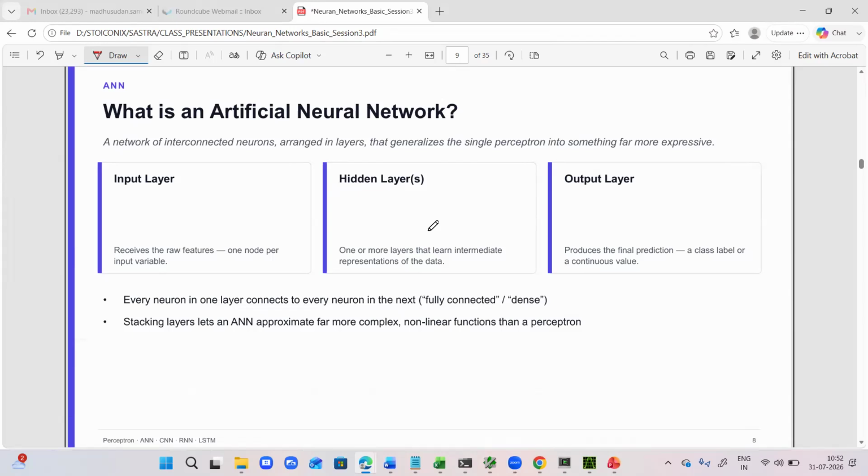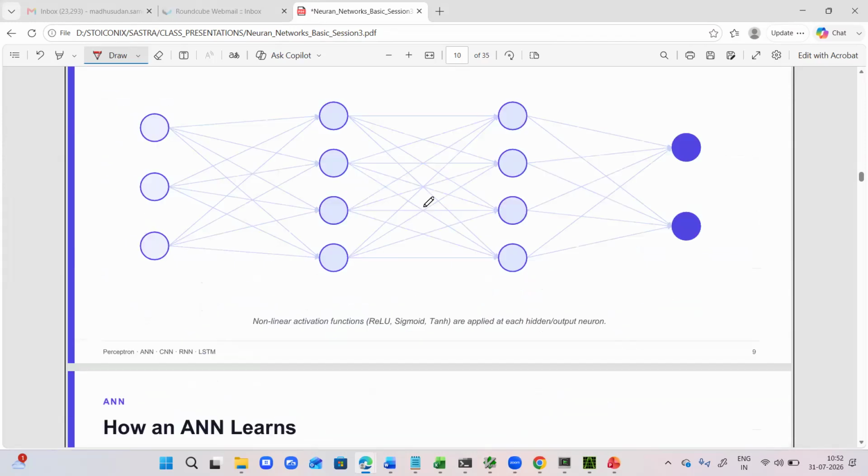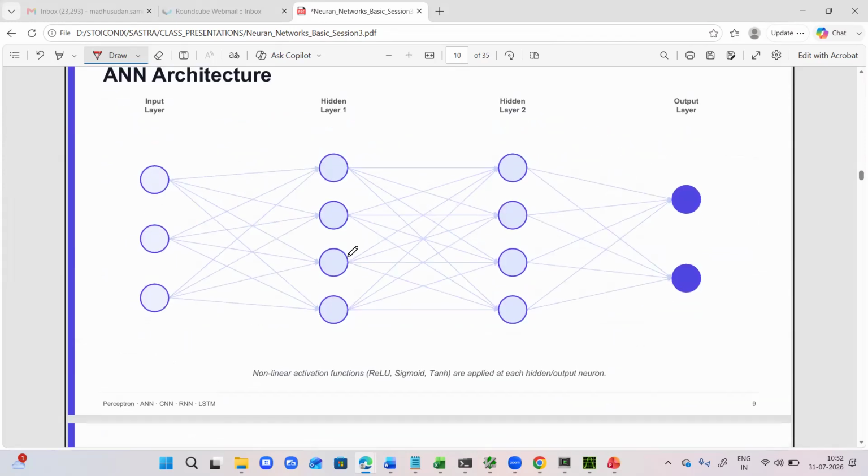In the previous example, we looked at only one neuron, but here you're going to have multiple neurons, and these neurons are going to be connected to each other and arranged in layers. So we will look at the architecture. It will have an input layer, a hidden layer, and an output layer. So let me directly go to this diagram.